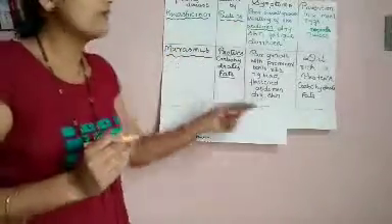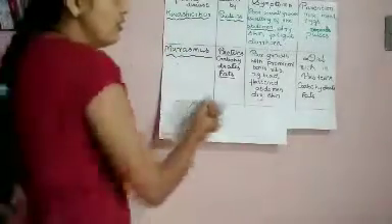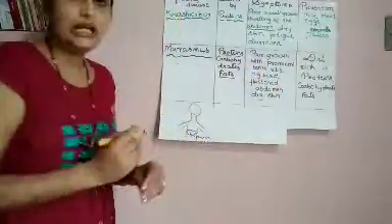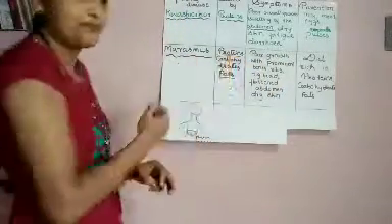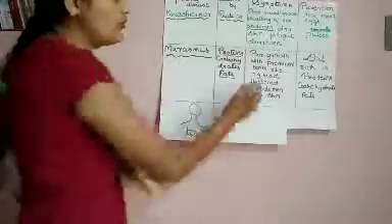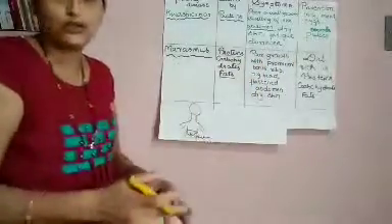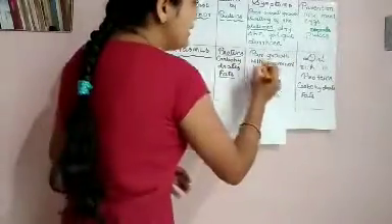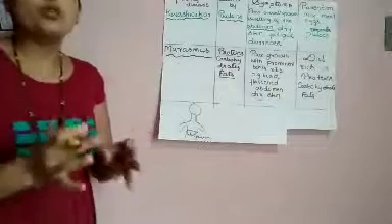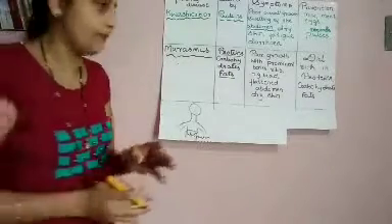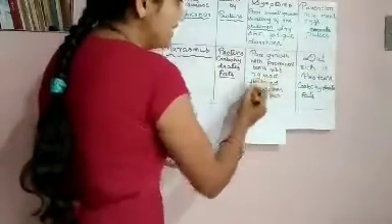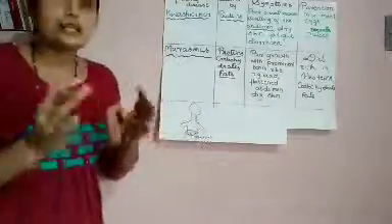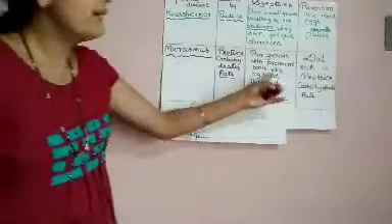What are the symptoms of this disease? Poor growth. As we are not taking proteins properly, growth reduces, with prominent bones, which means bones and ribs do not develop well. Next, big head.